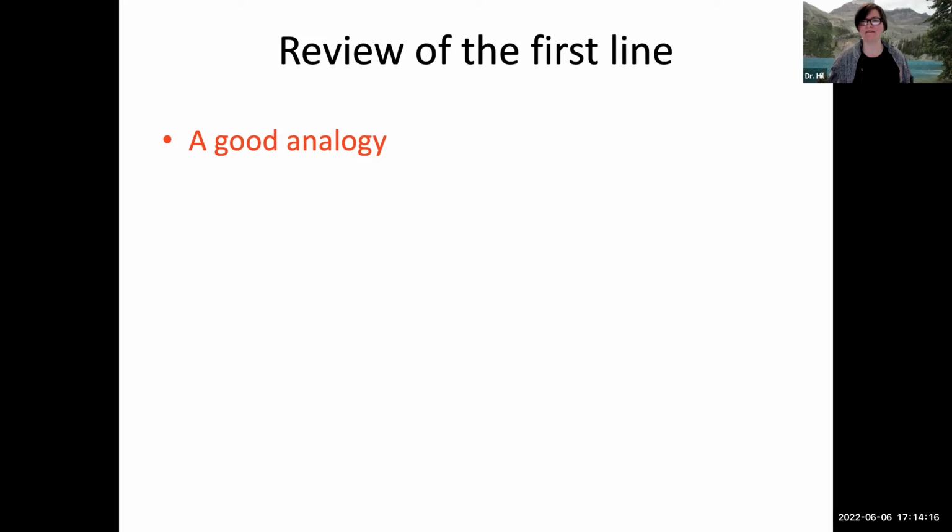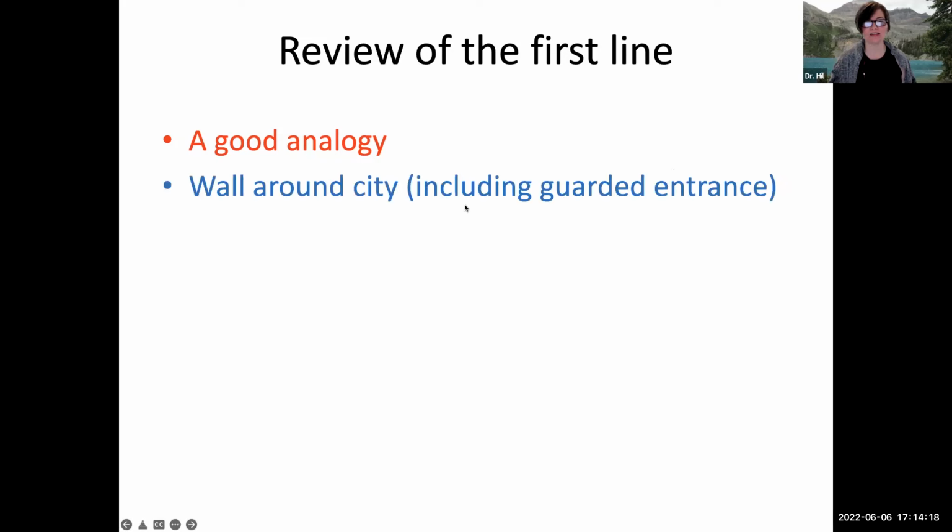Yeah, a fence, a gate, a wall around a castle. I think of it as a wall around a city, a wall around a castle. It's good too. The guarded entrances would be the mucous membranes and the wall would be your skin, right?